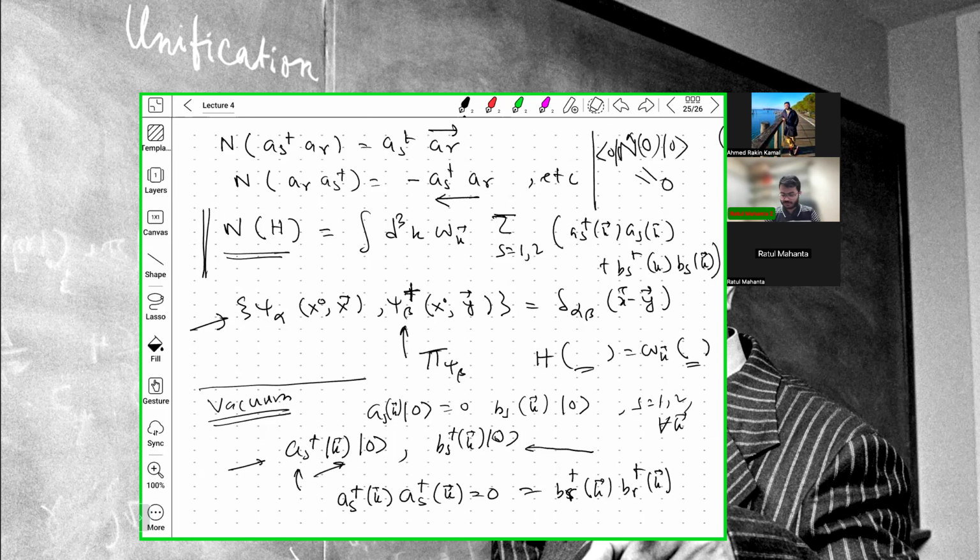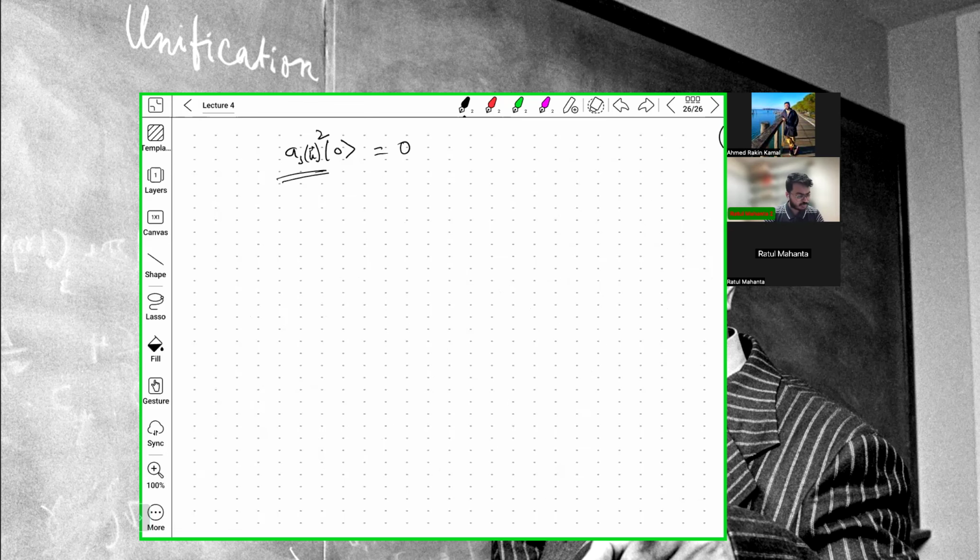So both are one particle states with energy square root of k² plus m². They are energy eigenstates, and they satisfy Fermi-Dirac statistics because two particles or two antiparticles with the same spin and same momentum cannot be created. So that's the Fermi-Dirac statistics.